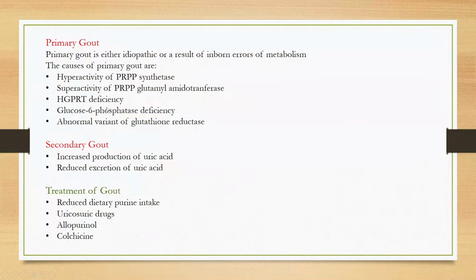And HGPRT deficiency: hypoxanthine guanine phosphoribosyl transferase is an enzyme of the purine salvage pathway, and its deficiency gives the disease called Lesch-Nyhan syndrome. The disorder causes increased synthesis of purine nucleotides by two mechanisms.